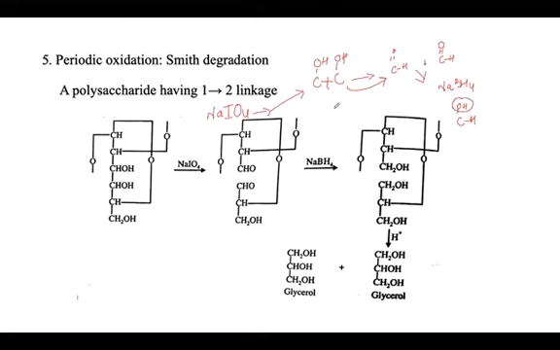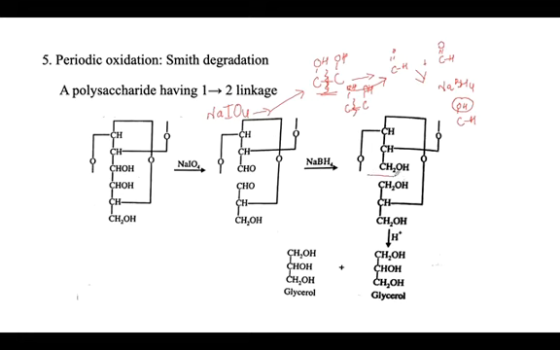Now, from the oxidation we get an idea which carbons have been cleaved, because we are cleaving the bond between the carbons which have adjacent hydroxy groups. That will give us a cleaved molecule.